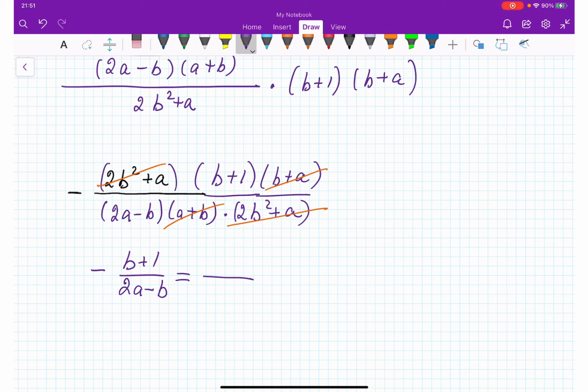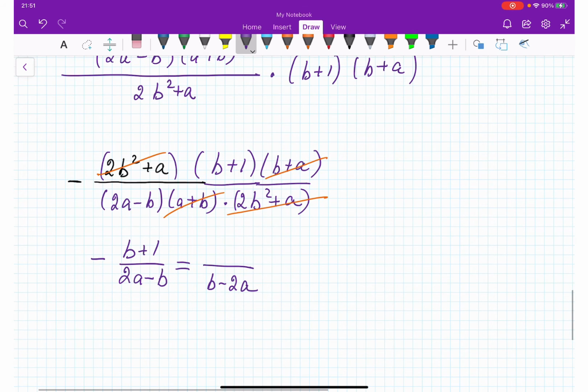Instead of 2a minus b, I put b minus 2a. Why am I doing it to the denominator and not the numerator? Because it's better to flip the denominator rather than have in the numerator negative b, negative 1. Right? It's much nicer this way. And I am done with question number 2.